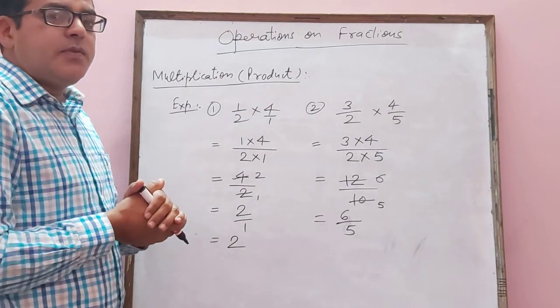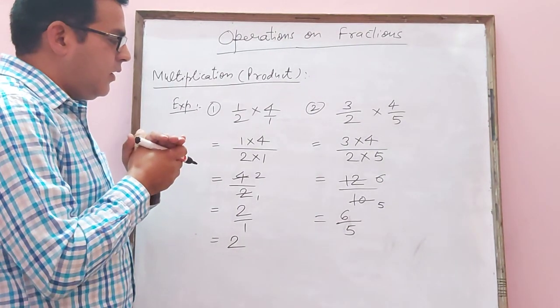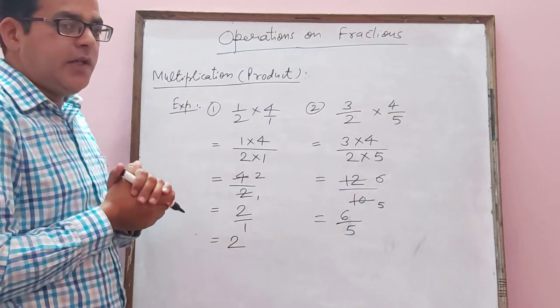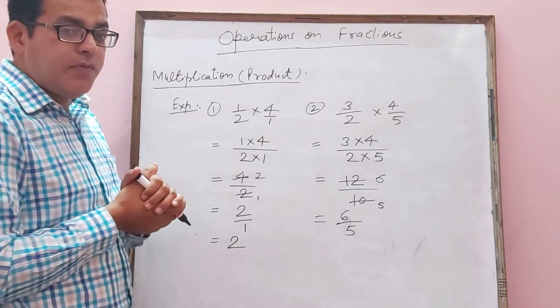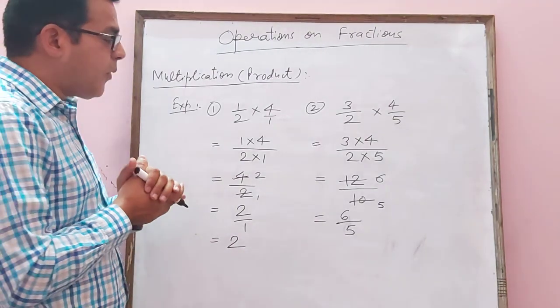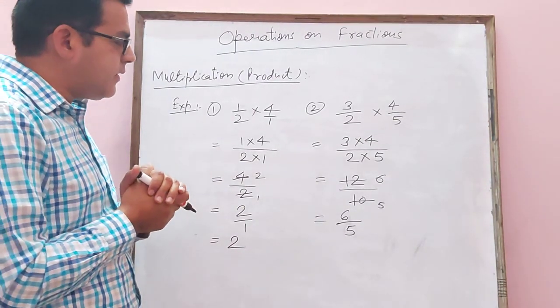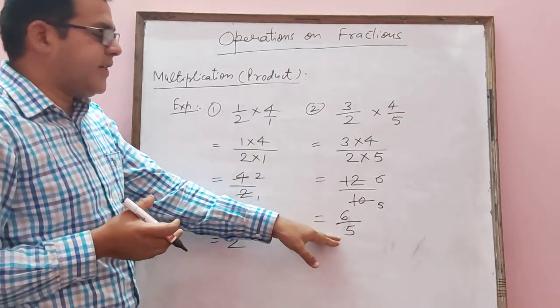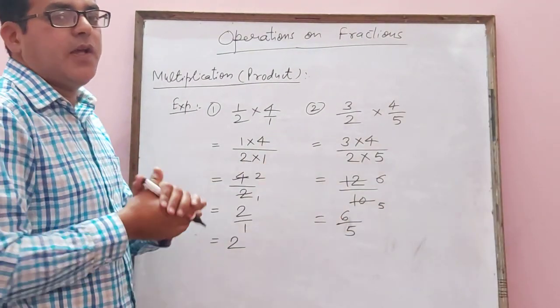So many times I have discussed with you, your answer in fraction should be either in proper fraction form or in mixed fraction form. If you are getting an improper fraction as an answer, you need to convert that improper fraction into a mixed fraction, right?